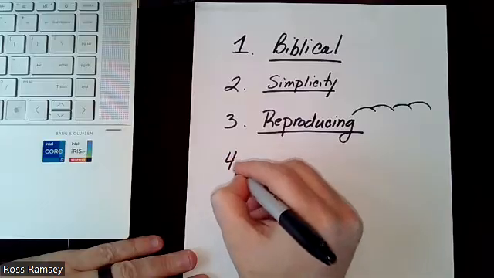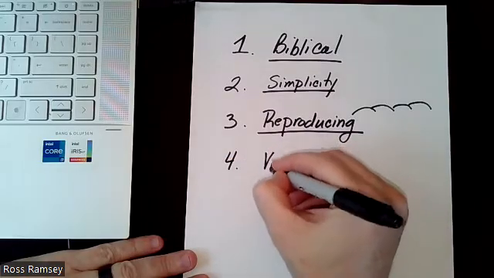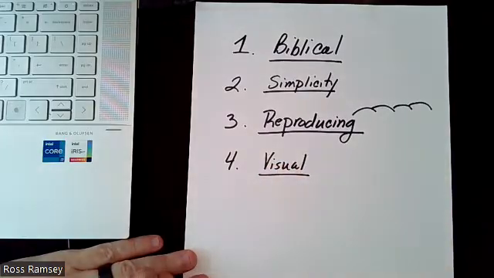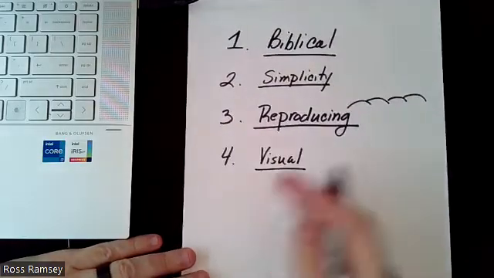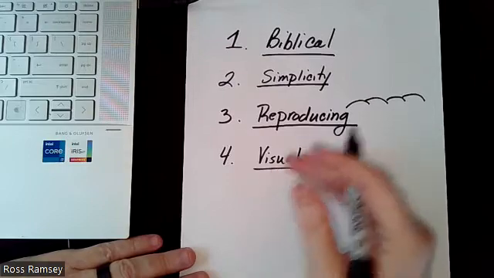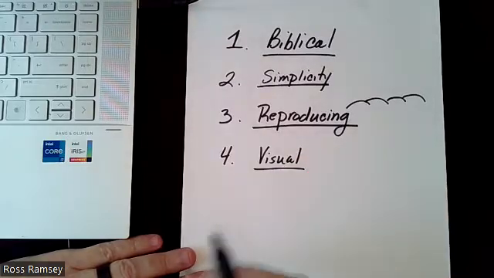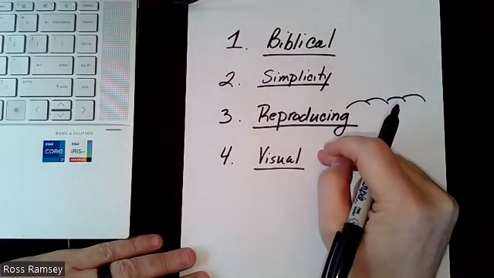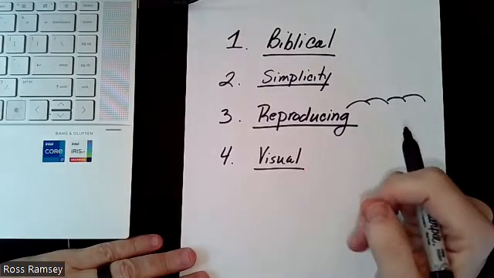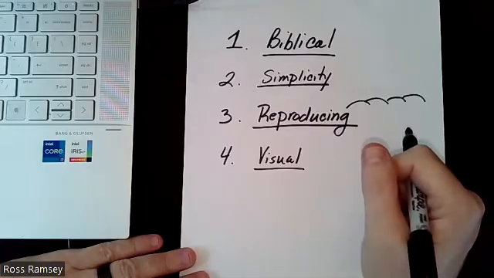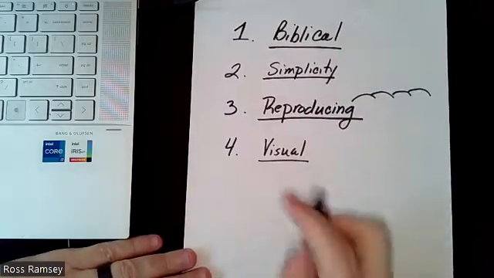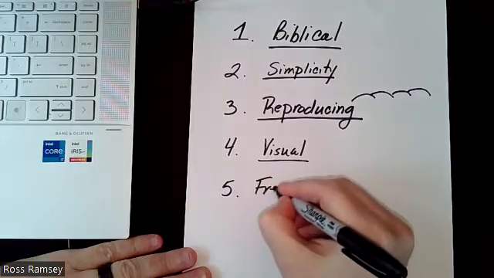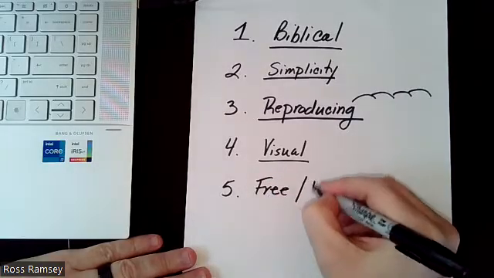The fourth thing we look for is, is it visual? It doesn't have to be, but it certainly helps. I can tell you so many stories where it was so good for the person to track along verbally and visually, where they can actually see it. I've seen that in other cultures where maybe there's illiteracy. That's huge. And then lastly, and this is a combo, it's free and it's portable.